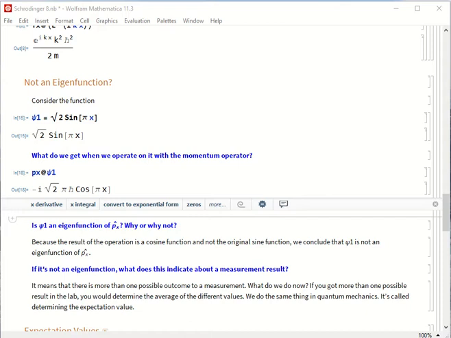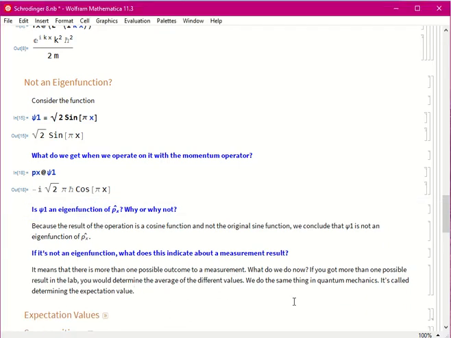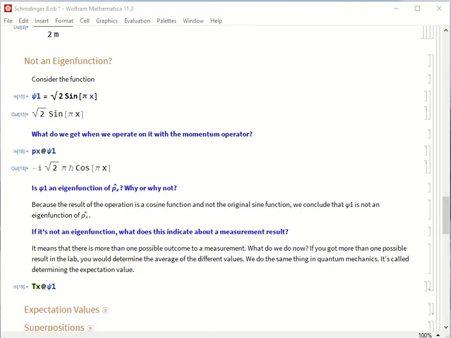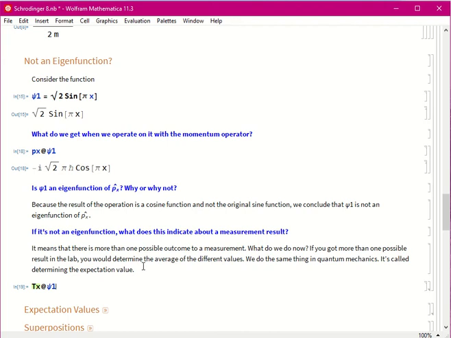Let's just take another look at this function again, but this time do it with the kinetic energy operator. So we will operate on psi1 with the kinetic energy operator in the x direction. And when we do that, we get this result.